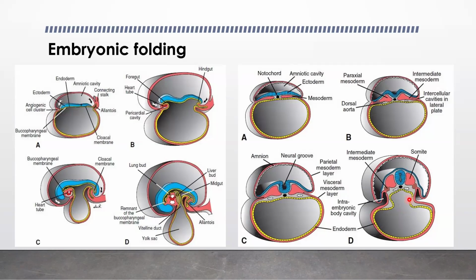The rest, that is the stomodeum and the distal aspect of the cloaca, will be coming from the surface ectoderm. So that means even its epithelium will be different.